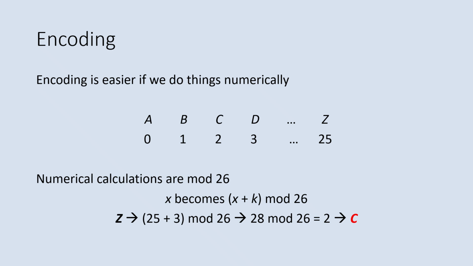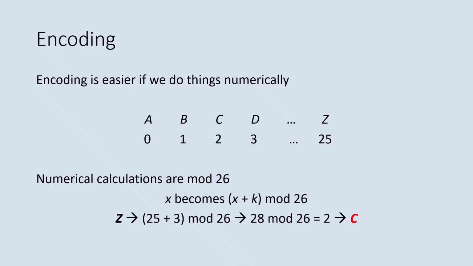So in the case of k equals plus 3, the Z is 25, so 25 plus 3 mod 26, well, 28 mod 26 is 2, and 2 corresponds to the letter C, and we saw in the previous list that the Z becomes C in the plus 3 shift.